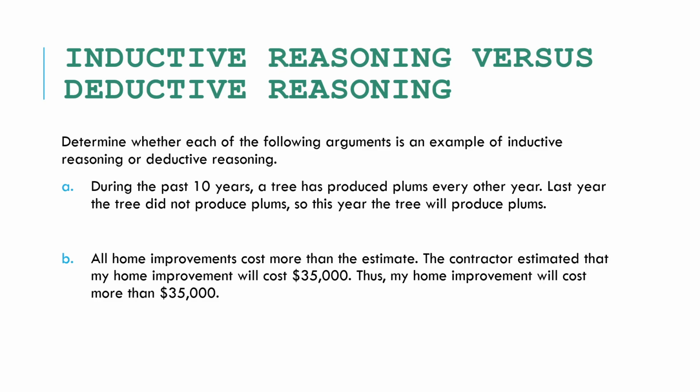Okay, what is our conclusion? Our conclusion is my home improvement will cost more than 35,000 US dollars. This conclusion is drawn out by having a general argument, and our general argument is that all home improvements cost more than the estimate.